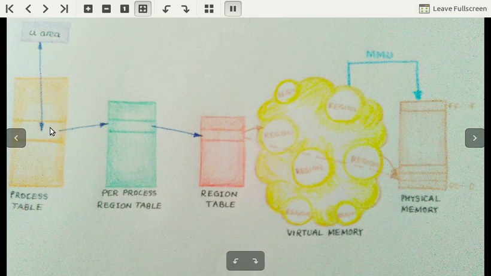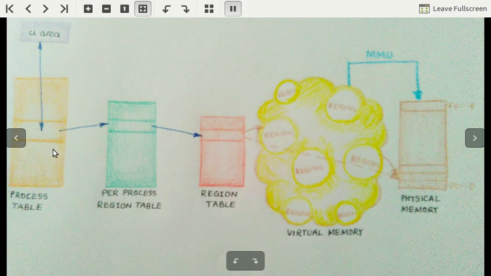There is an associated u area with every process, and that process table entry will take us to the per process region table entry. What is this per process region table entry, and what is this region table? We'll see it in detail, but before that let's see what the contents of each of these tables are.